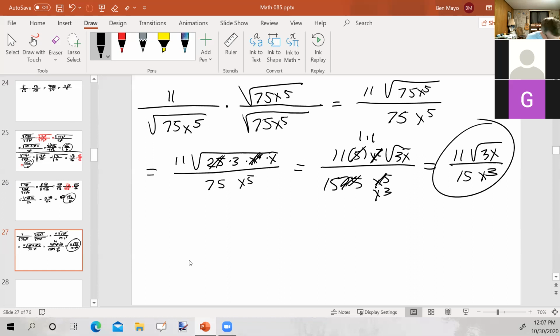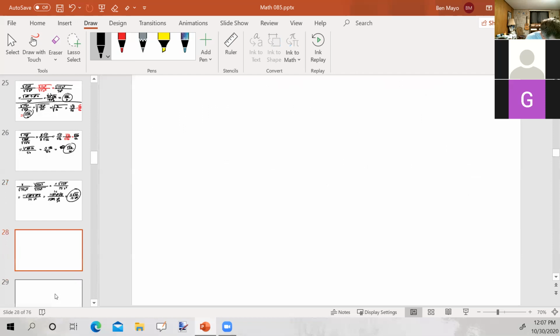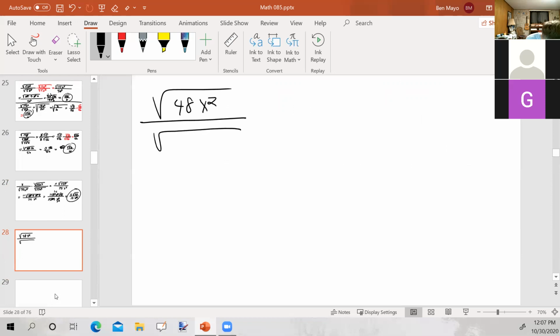How about this one? The square root of 48 x squared over the square root of 8x squared y. All right, how should we go about this?